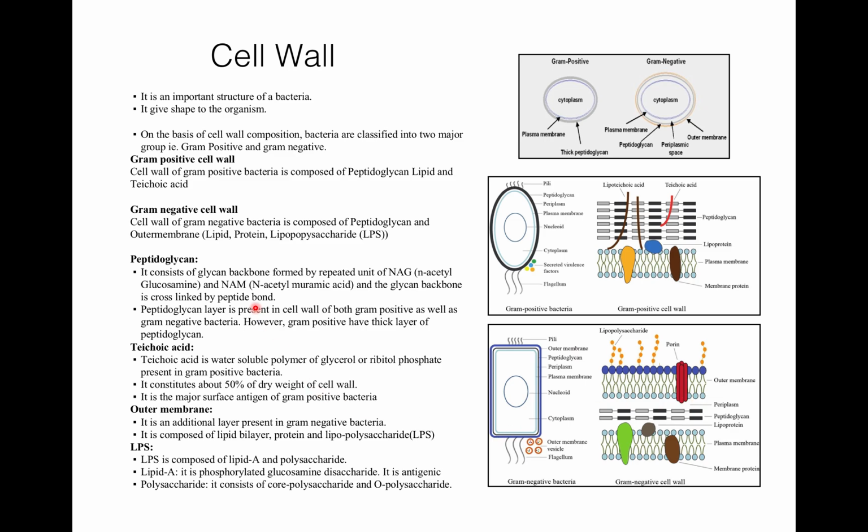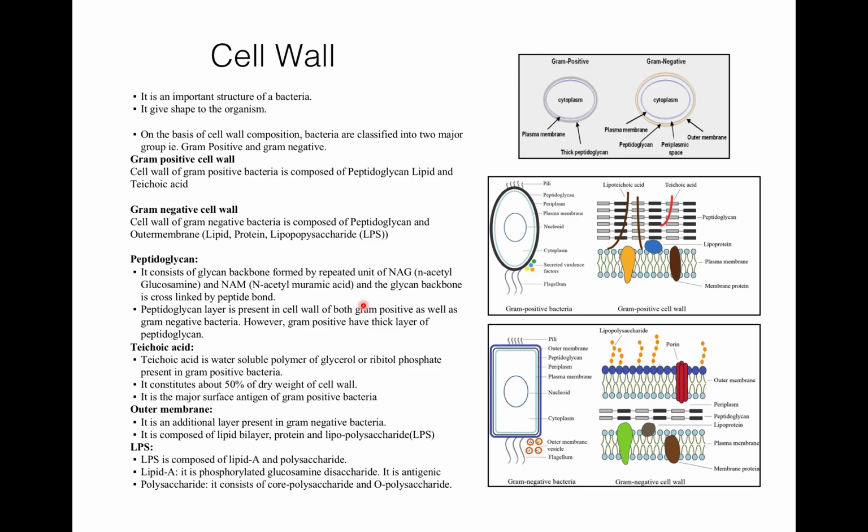What is peptidoglycan? It consists of a glycan backbone, which is formed by repeated units of NAG and NAM. NAG means N-acetyl glucosamine, and NAM means N-acetylmuramic acid. The glycan backbone is cross-linked by peptide bonds.